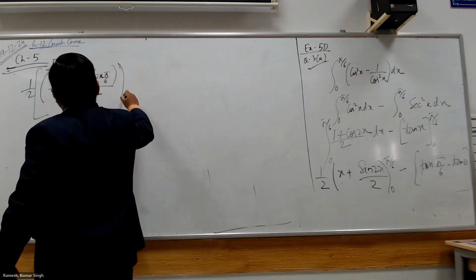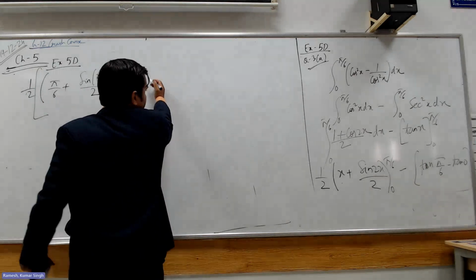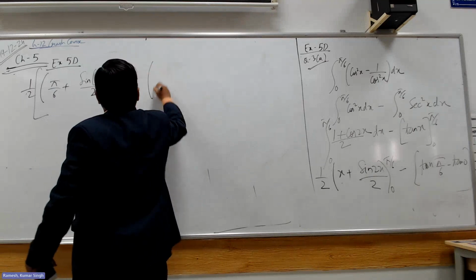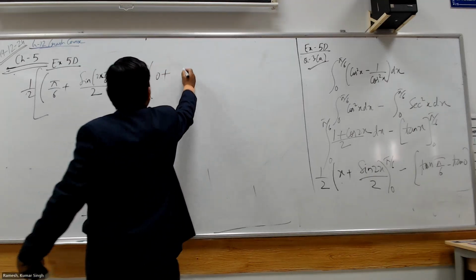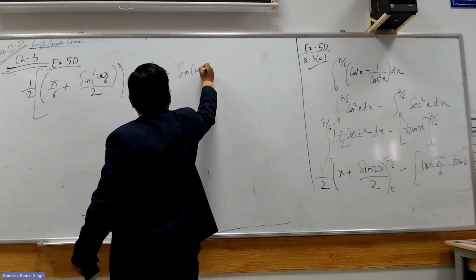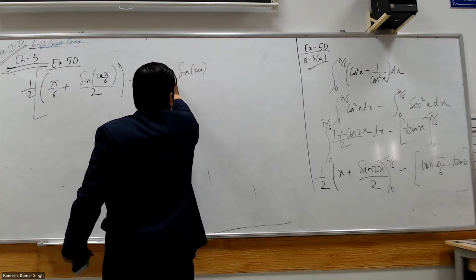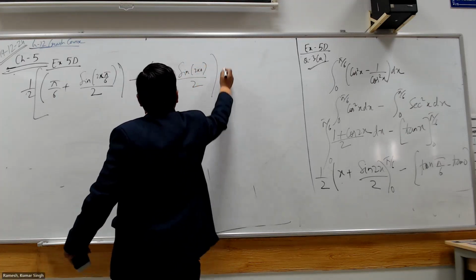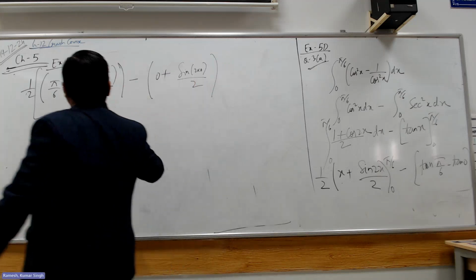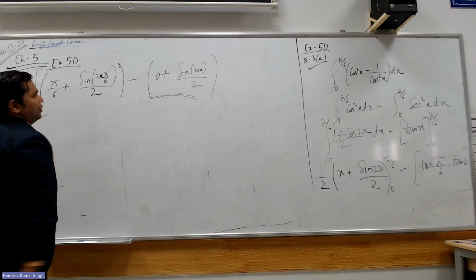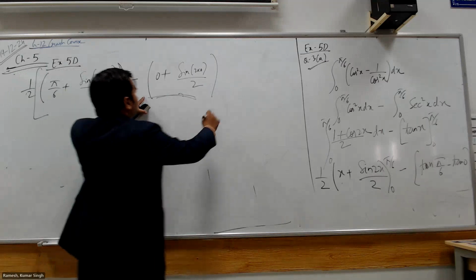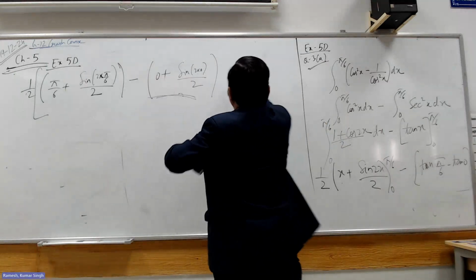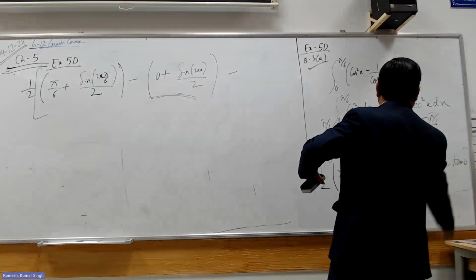Minus the lower limit, which is 0. So 0 plus sine 2 times 0. This is going to be 0. And in addition to that, you have this tan pi by 6.